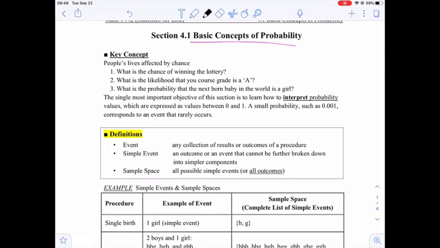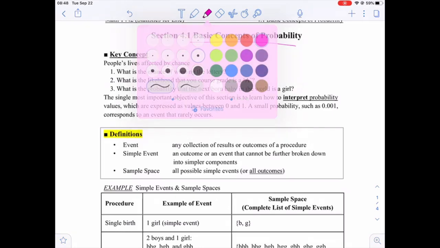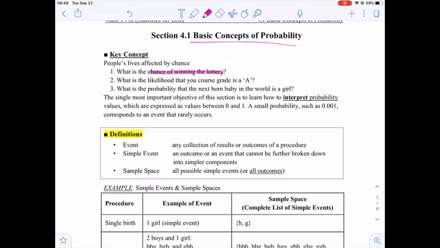For example, we may ask, what is the chance of winning the lottery? What is the chance of raining today, or snowing in December, or getting an A in some class? All these are questions about probability, or chances, or possibility. That's what we mean by probability in general, in the common sense.